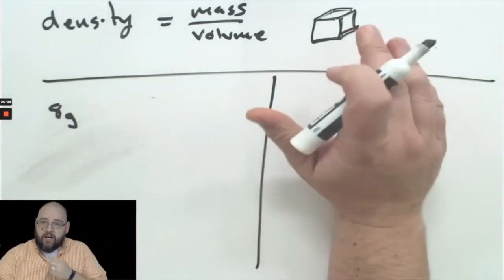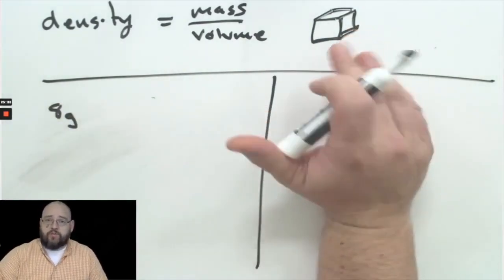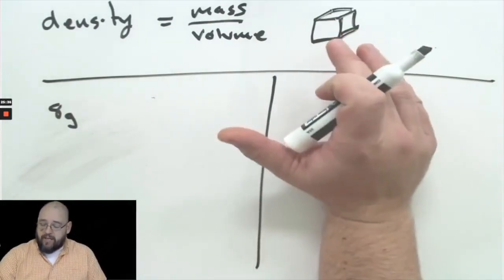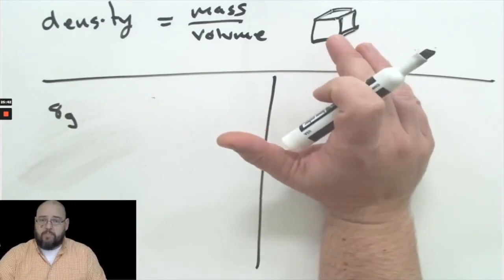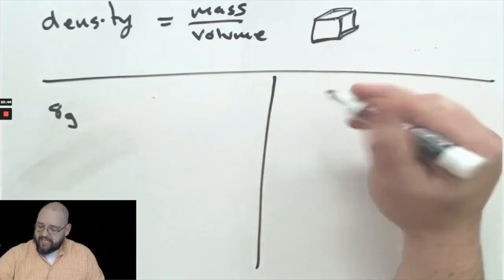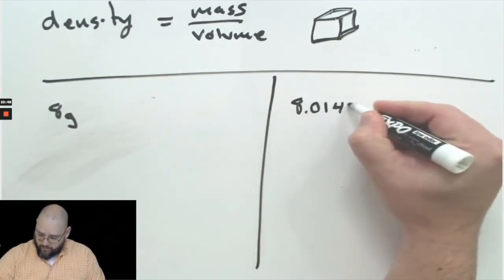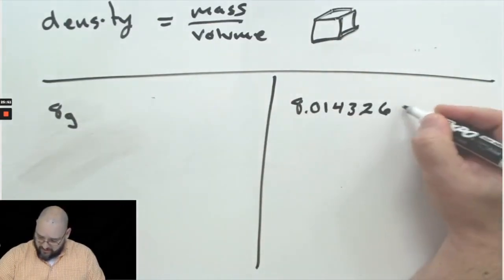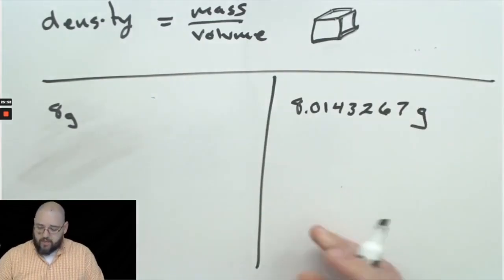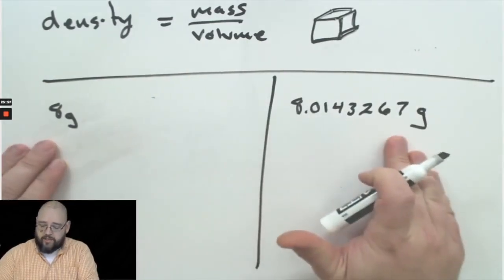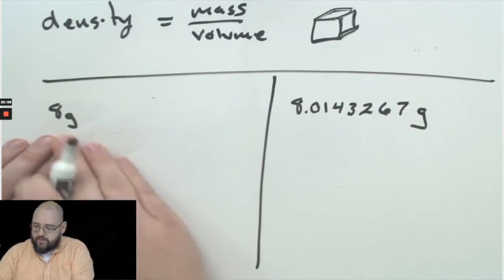Then I take it up to the local university, use their analytical chemistry lab and their super precise balances, and I get a measurement of 8.014327 grams. Not very precise over here. Very precise over here. All right, 8 grams, 8.0.